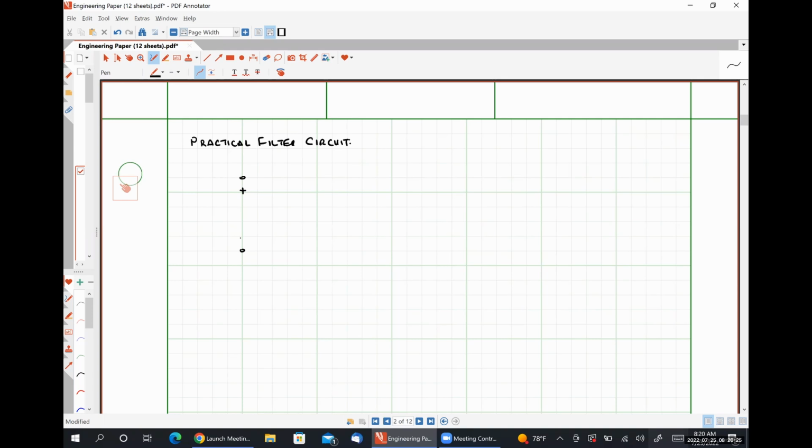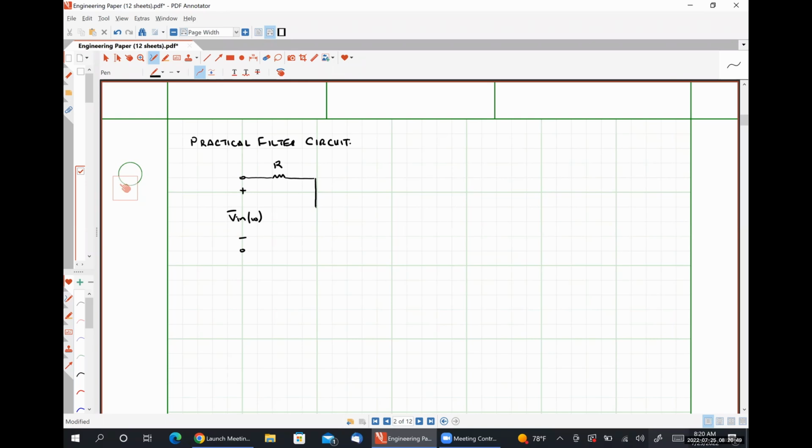So on the left-hand side here, I have my pair of terminals at which my phasor voltage Vin is applied. And then what I'm going to put here is some resistor.